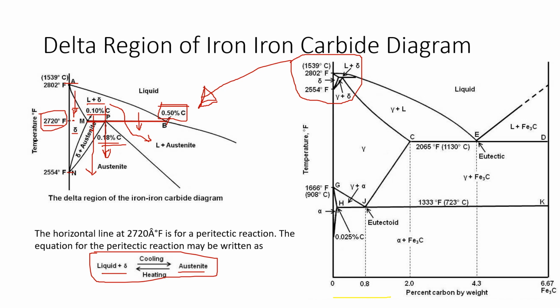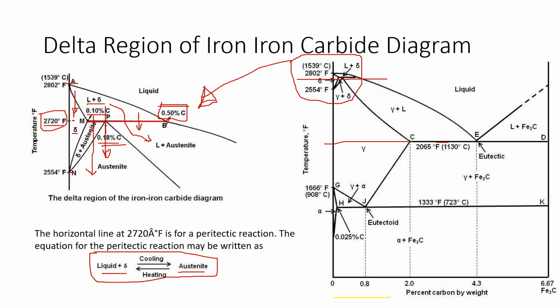So this delta region will be explained, and the three horizontal reactions. One horizontal line in the iron carbide diagram is at 2720 degrees. The other reaction takes place at the eutectic point, which is point E, followed by the horizontal line.